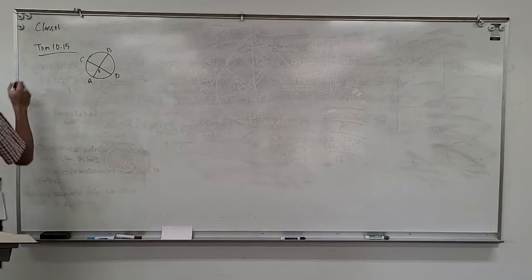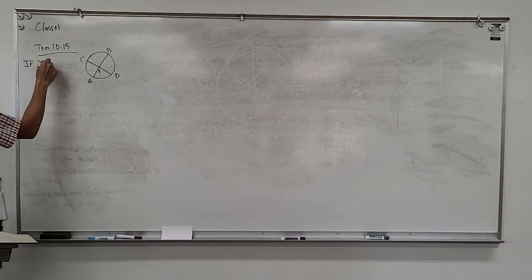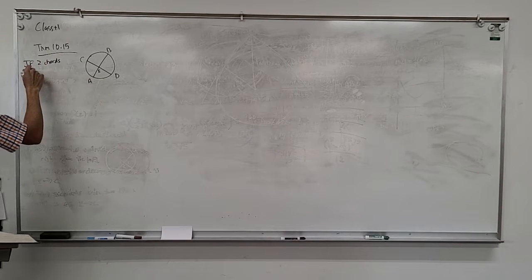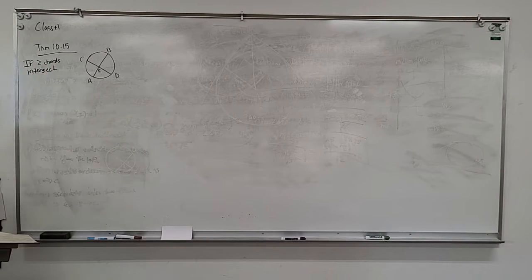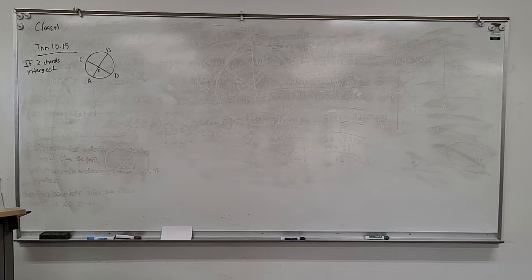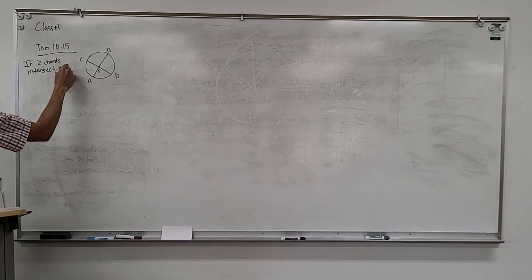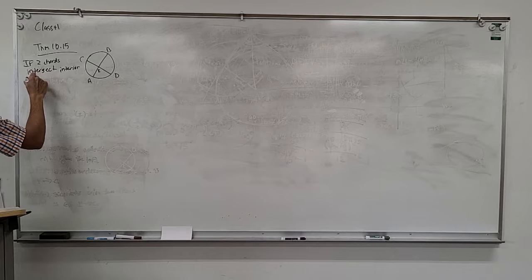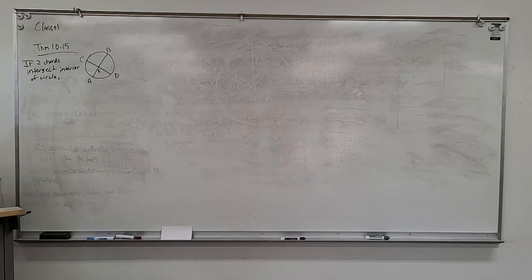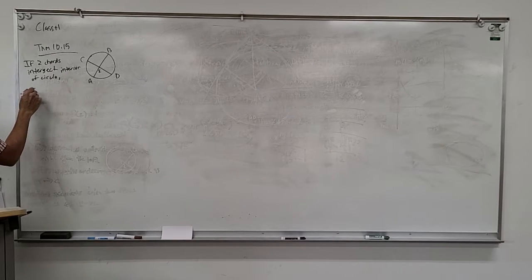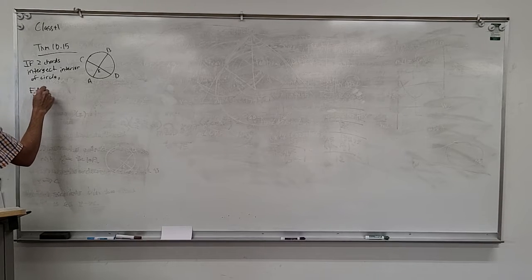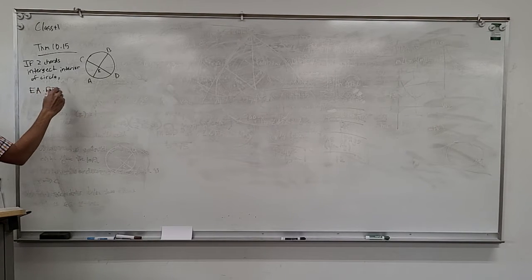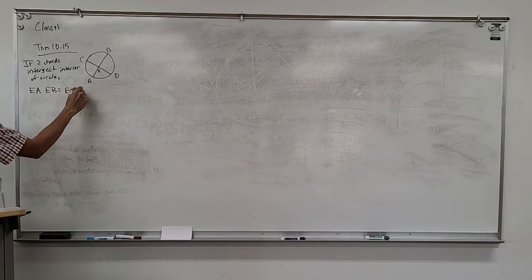So if two chords intersect in the interior of the circle, then we can say that EA times EB equals EC times ED.